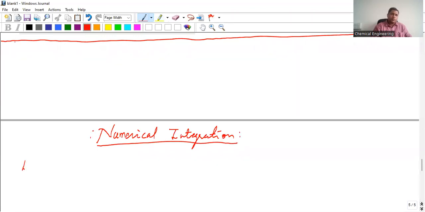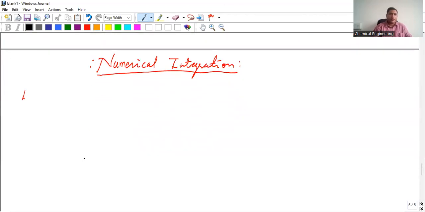Suppose we have the integral from a to b. Let I be the integral from a to b for the given function dx. Now here we have to define the subintervals.